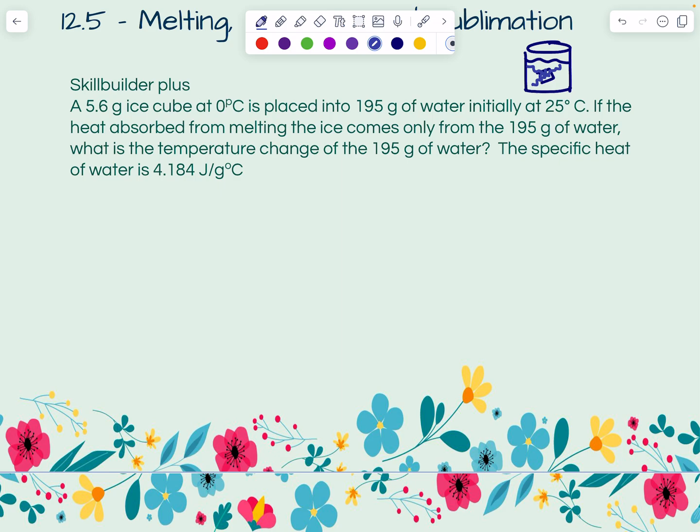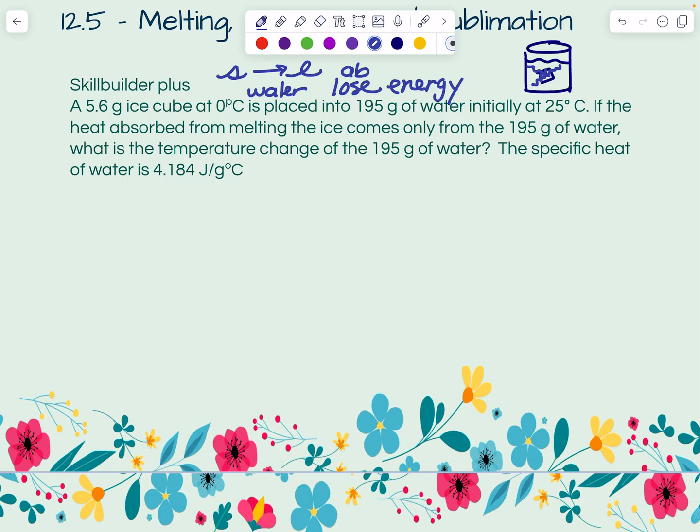So the ice cube is going to go from solid to liquid, and it's going to absorb energy, which means that the liquid water is going to have to lose energy. And losing energy is going to make it colder. And the question is asking, what is the final temperature? Or it says, first of all, what is the temperature change of the water? And then we can find the final temperature of the water.